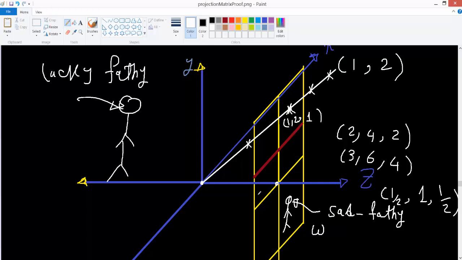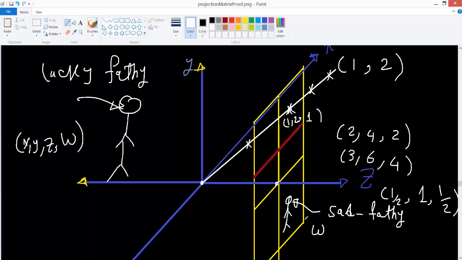A final note here is that while Lucky Fathi realizes the problem that Sad Fathi faces with his homogeneous coordinate, he also realizes that while he can solve Sad Fathi's problem, he cannot solve his own problem. Lucky Fathi on his own cannot understand the meaning of homogeneous coordinates in his space. When he types something like x, y, z, and w, this w is not the same as Sad Fathi's w.